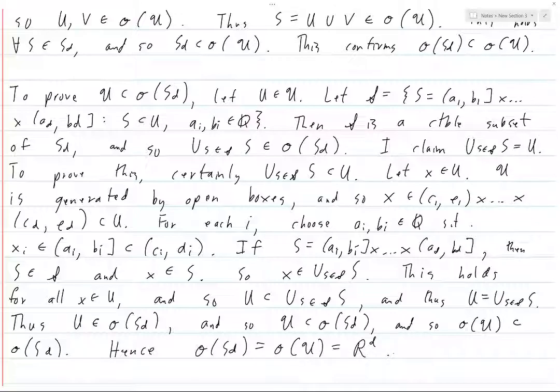There is some stuff that I used here from basic topology that, if you aren't as familiar with it, might be unclear where I got some of these facts from, like the fact that the standard topology, which is generated by open balls by definition, is also generated by open boxes. That's something that you can go ahead and prove, or you can find a proof of it if you want.